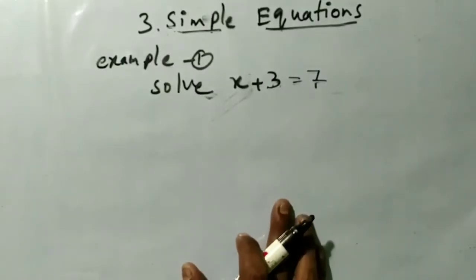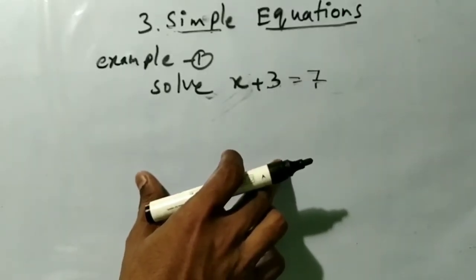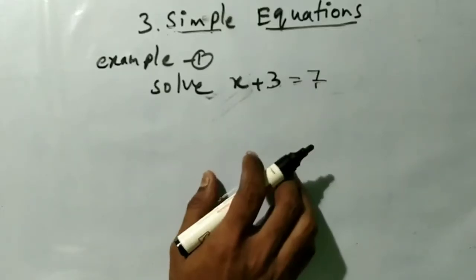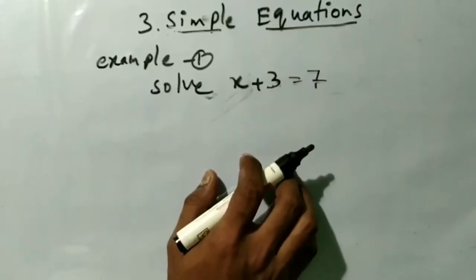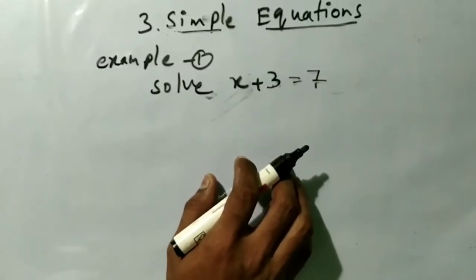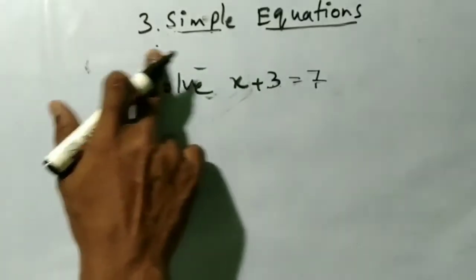I will go in a way such that the textbook is explained, so that you can understand easily when you refer to the book also. So this is example problem 1.